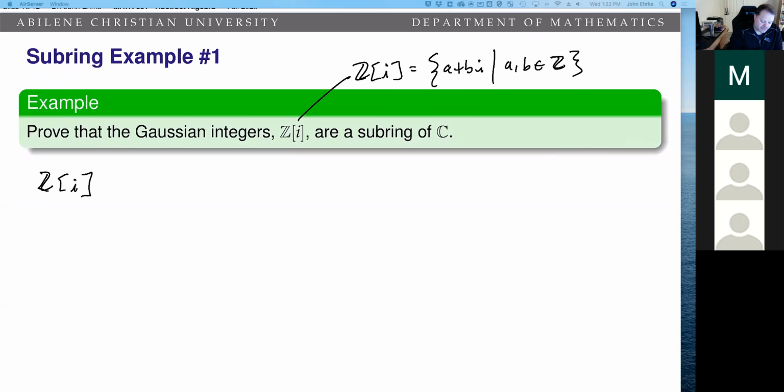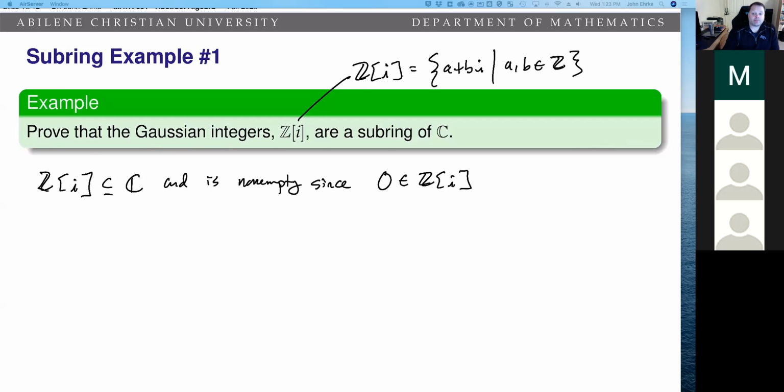I'll just start by saying this is clearly a subset of the complex numbers and is non-empty, since 0 is clearly an element of this ring. So we know it's a non-empty subset of the complex numbers. So let's look at closure under subtraction.